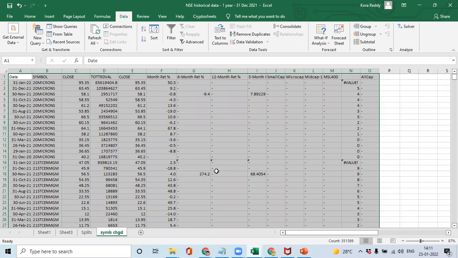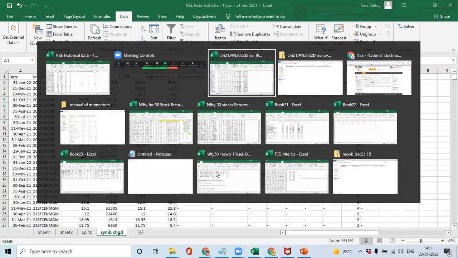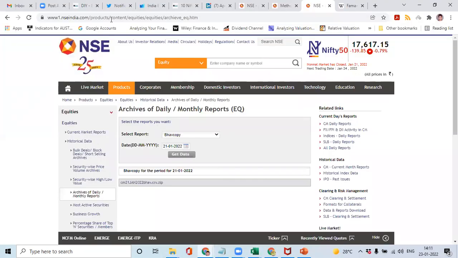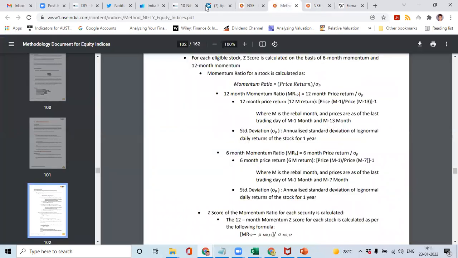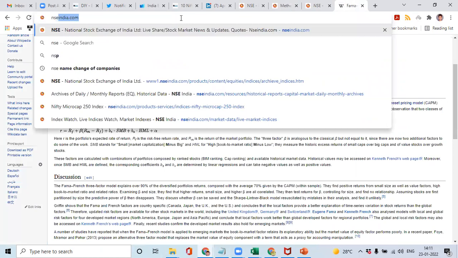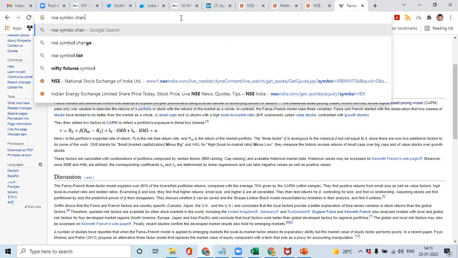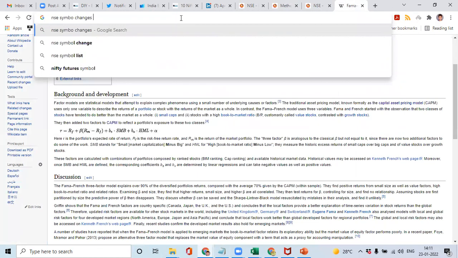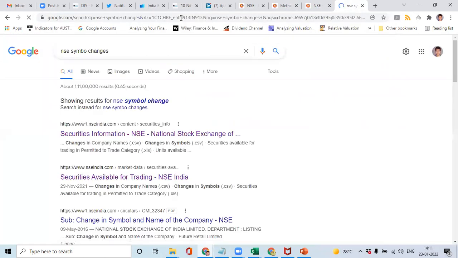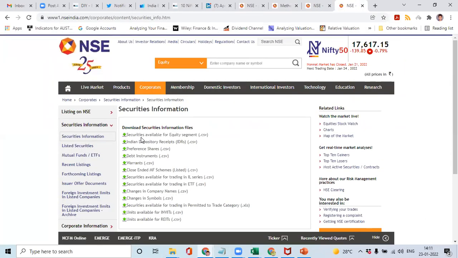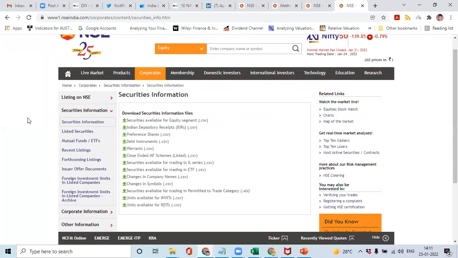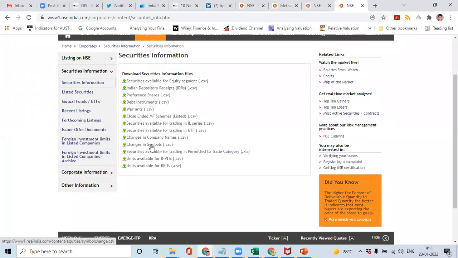So the next step is to see if any symbols have changed, like these NSE symbol changes. Somewhere we will get it on the first page: changes in symbols.